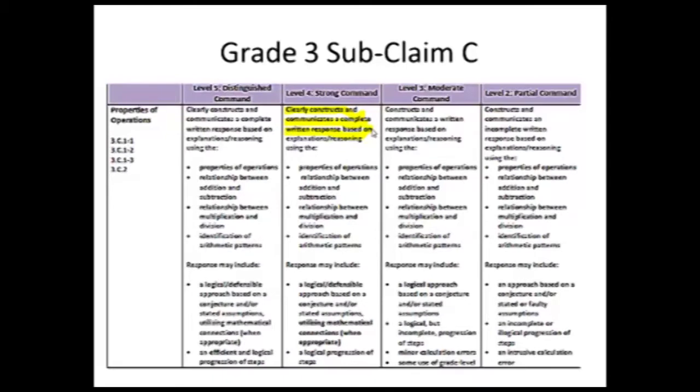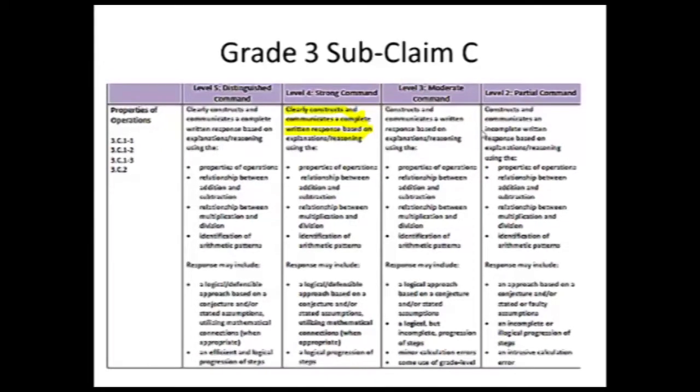And the other thing you will see is that there is a lot of continuity and similarity and sameness across the performance levels. And this actually sends a message that this mathematical communication and reasoning is important regardless of my performance level.